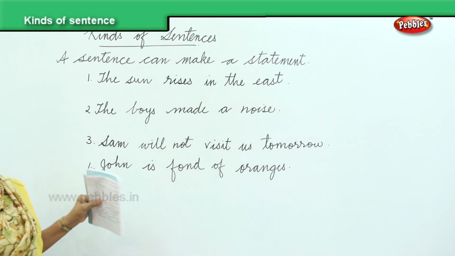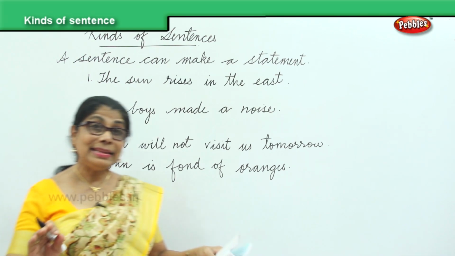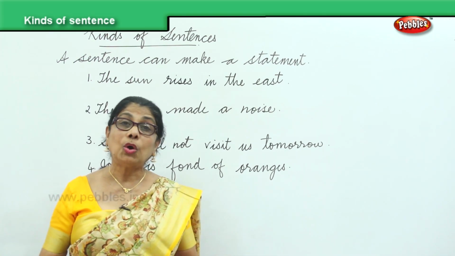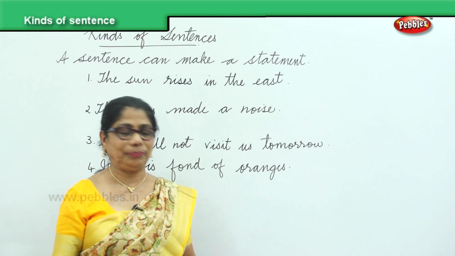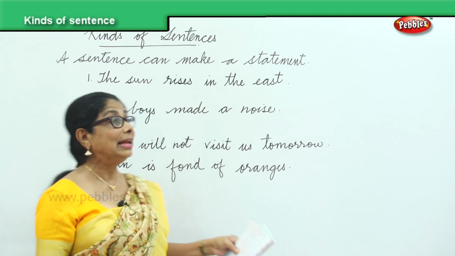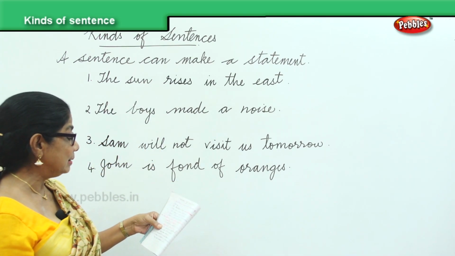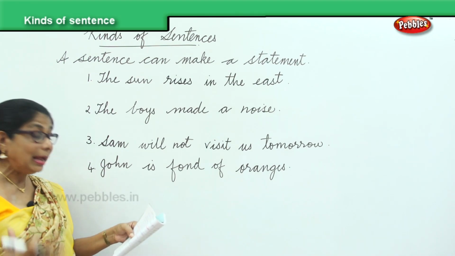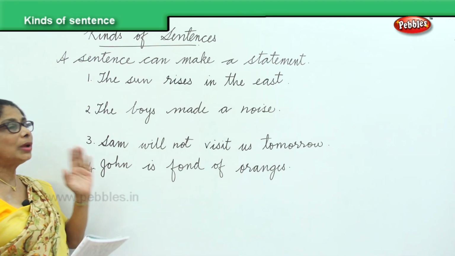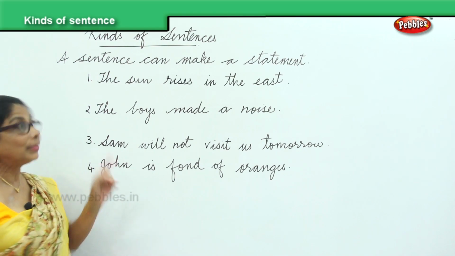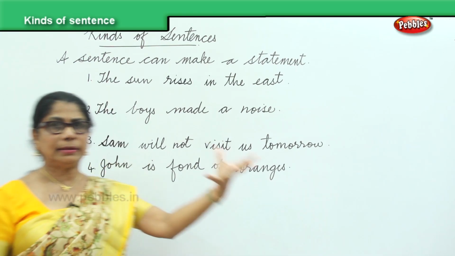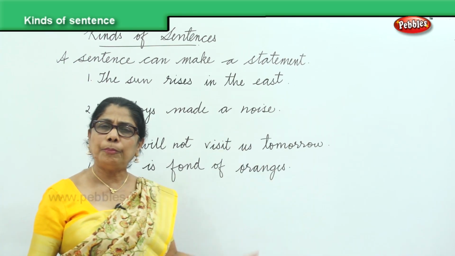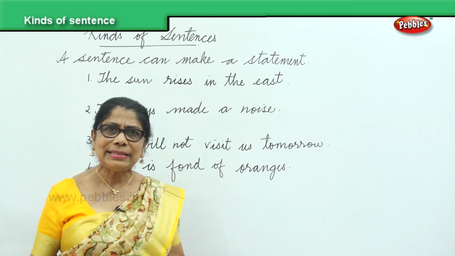Now we conclude a sentence that states or declares something. It's called a declarative sentence or affirmative or assertive. We are talking about a sentence. A sentence can make a statement. Here I have put down 4 sentences. It makes a statement.